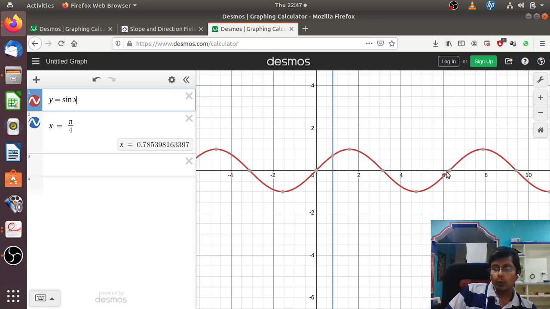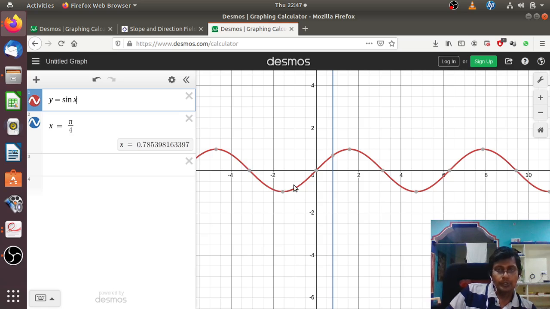Now what if the initial condition x naught is about 2 pi? At that point, x dot is positive, so x is going to increase, so it's going to go in this direction and approach a different final value, which is 3 pi, right?